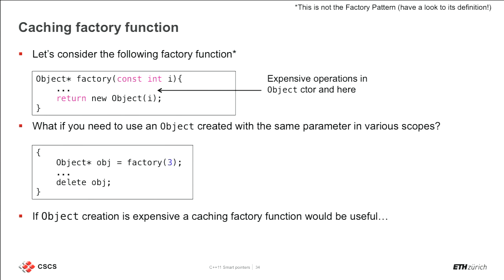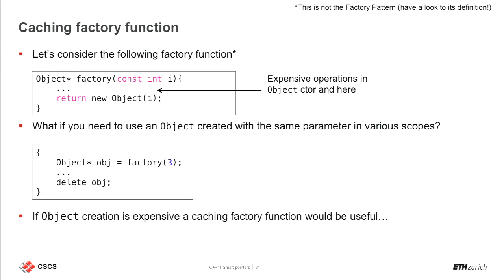And what if we need to use this pointer at different points of our code for the same set of input parameters, so that in different points we are doing multiple creations of objects of the same type with the same input parameters? The problem is that we are doing expensive operations multiple times that can be avoided if we are able to store the already created object.